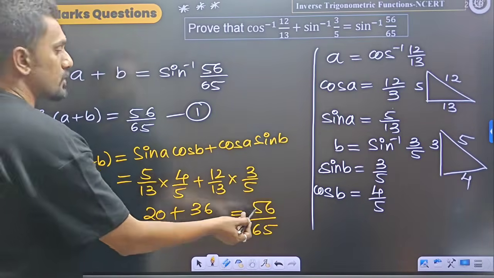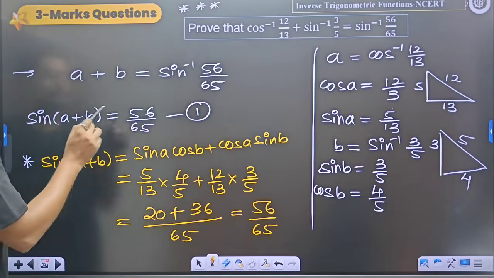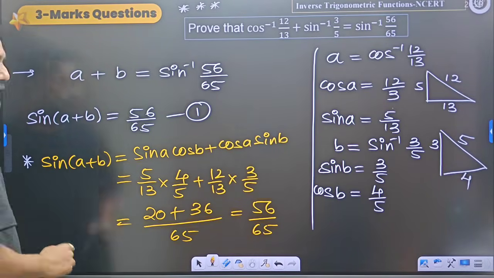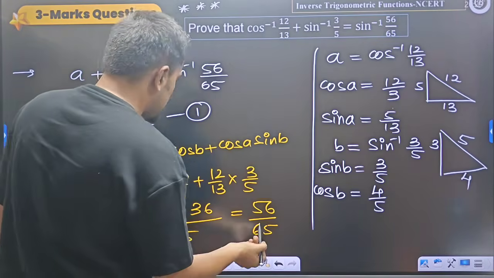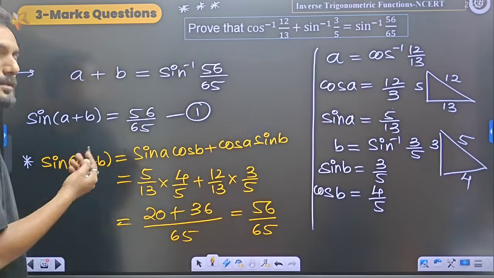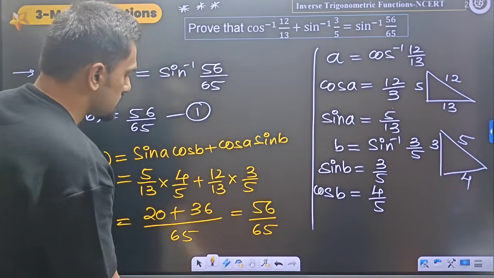This is what I need to prove. Sine of A plus B is equal to 56 divided by 65. If I substitute this value of sine of A plus B in equation number 1, then it becomes LHS equals RHS.